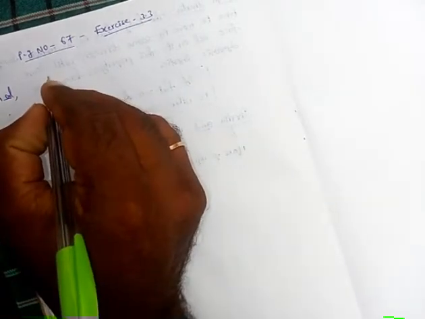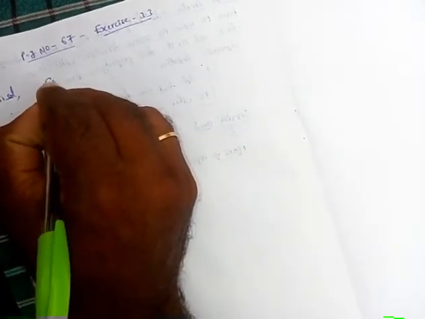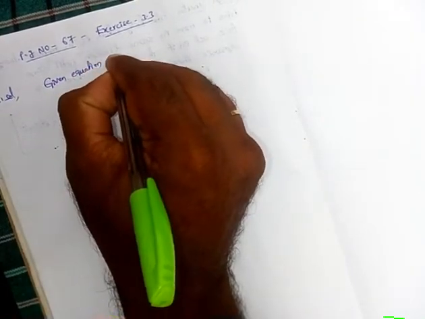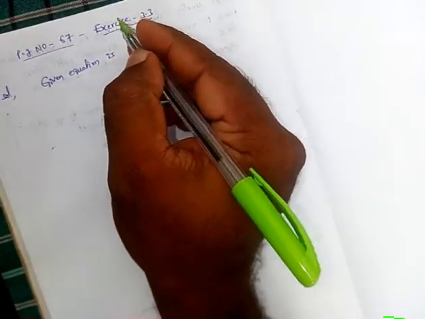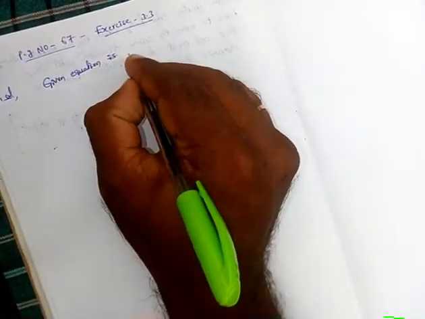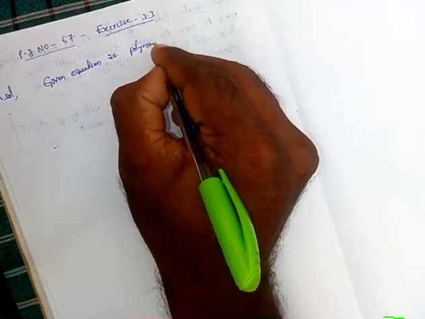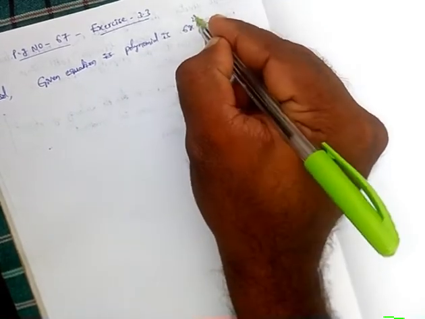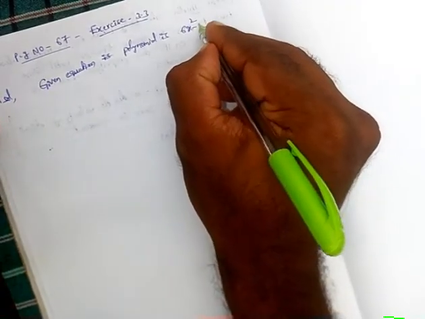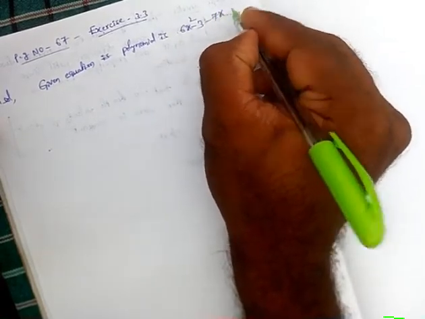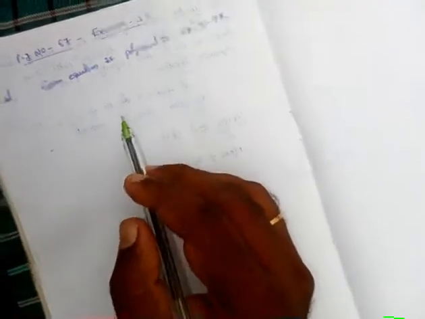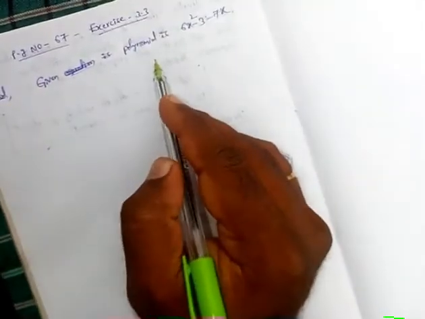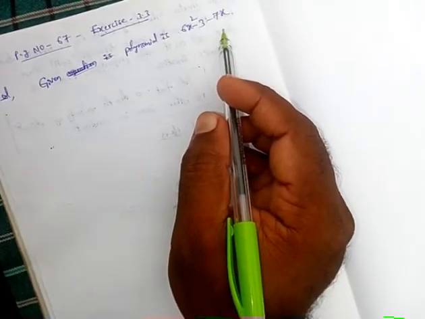Okay children, here the given polynomial is 6x square minus 3 minus 7x.